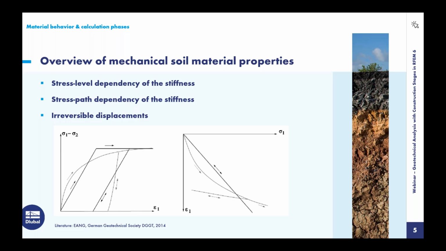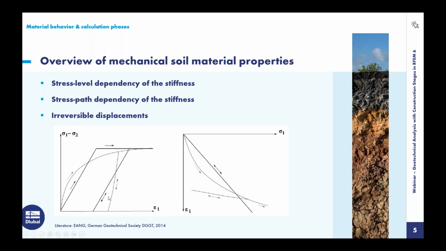I will give a short overview about the main mechanical soil material properties, and I want to show the importance of modeling the construction stages when you work with finite element analysis for soil material.